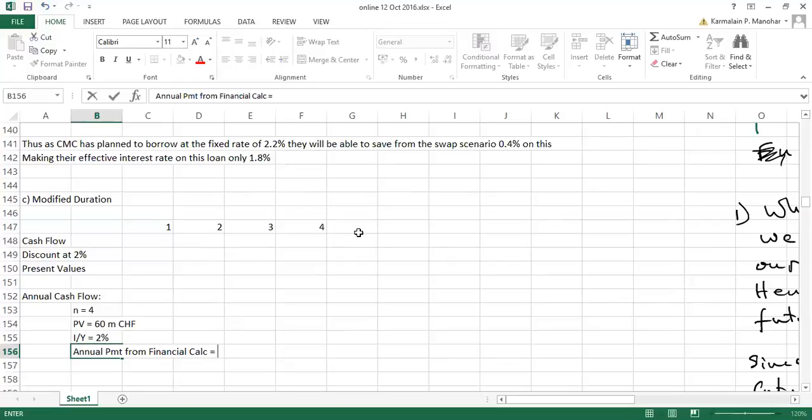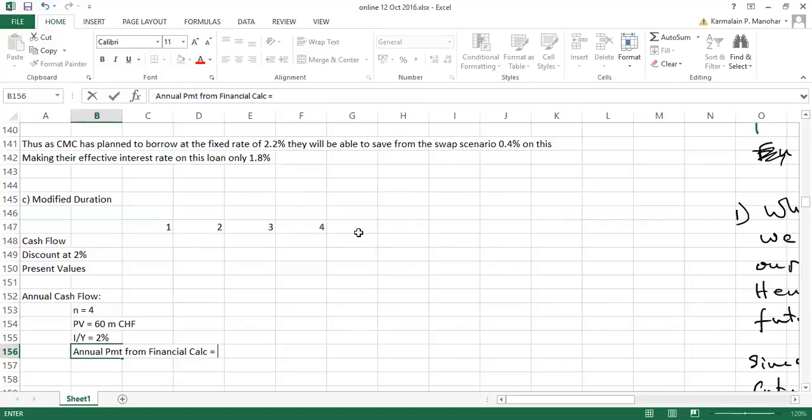So IY is 2, and if 60 is my PV, compute payment: 157,574. Okay, that looks close enough. So that looks like it.